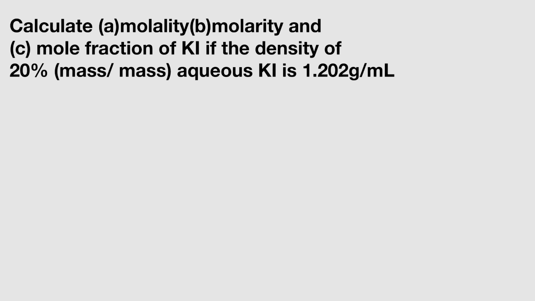Now we have to find mole fraction. What is the equation for mole fraction? Here we have to find the mole fraction of solute, that is number of moles of solute by total number of moles. Here B represents solute, that is KI, and A represents solvent, that is water.